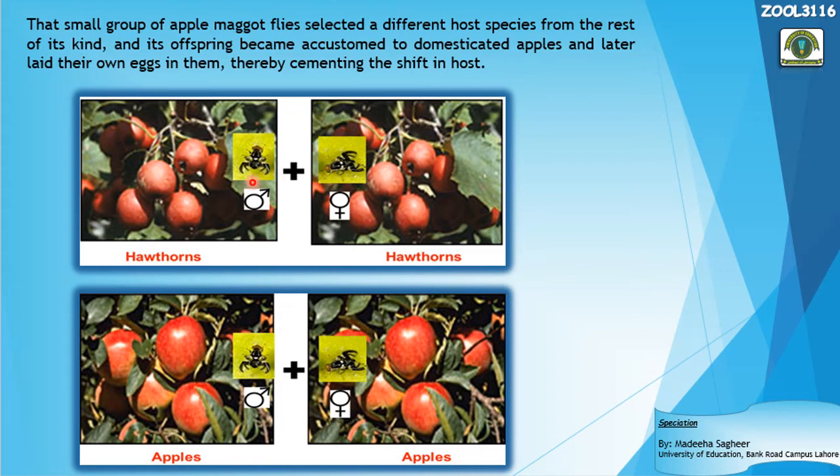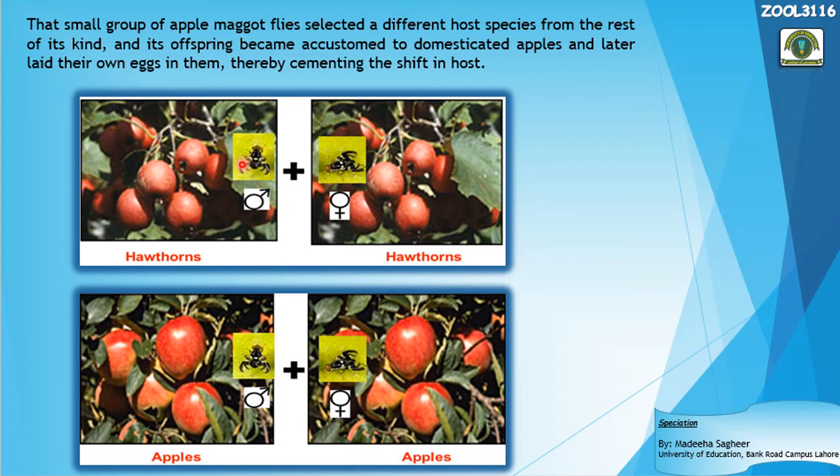Now the male fly of the hawthorn berries will always mate with the female fly of the hawthorn berries, and the male and female flies of the apple plant or apple fruit will mate with each other. Mating couldn't be like this.